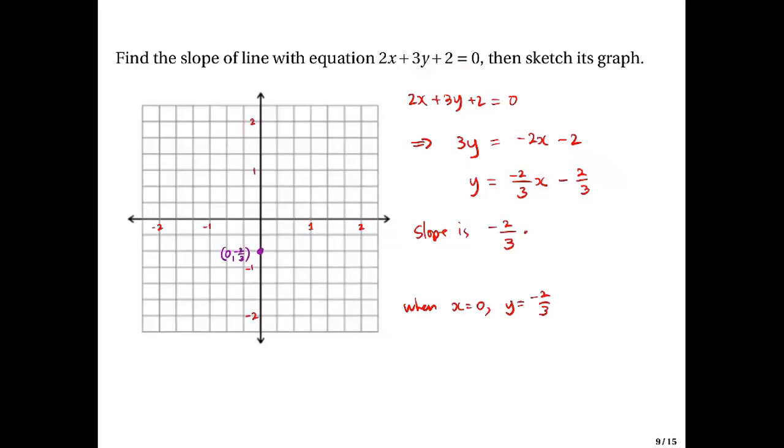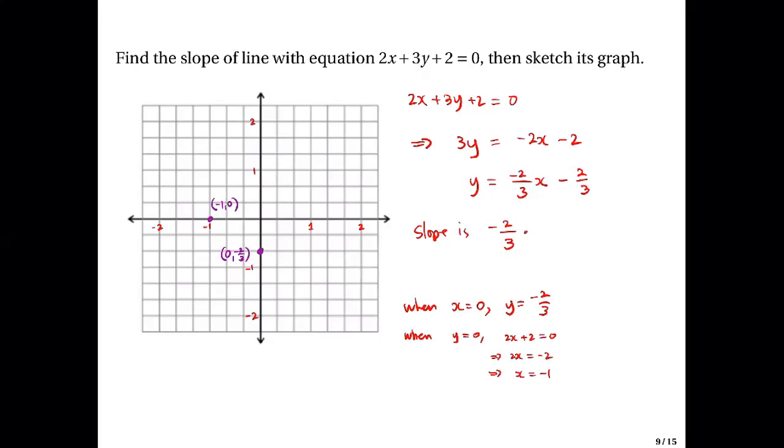Okay? And then we can now find another point, or we can use the slope if you want. But in here, I'll just find another point. I'll let y equals 0. So when y equals 0, we'll have 2x plus 2 equal to 0, which means we have 2x equals negative 2, or x equals negative 1. So the other point will be here. So this is the point negative 1, comma 0.